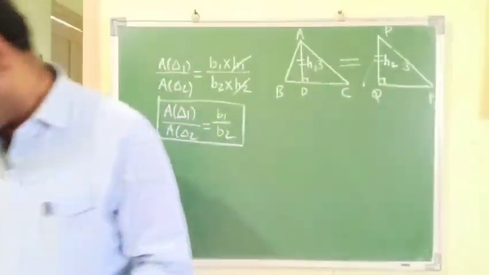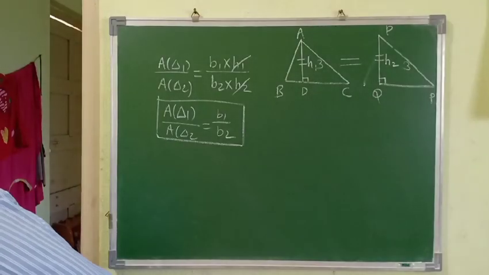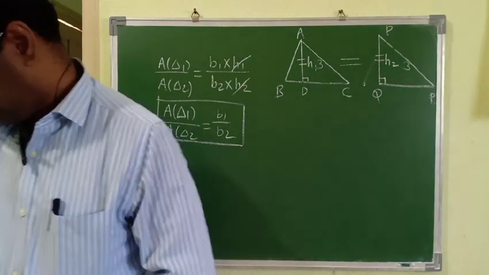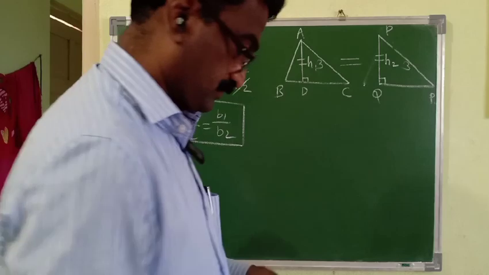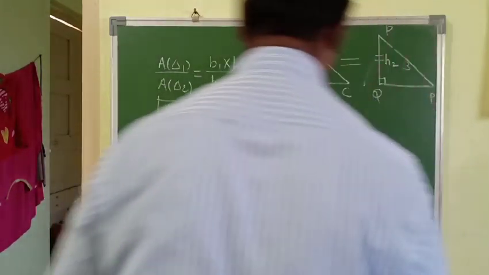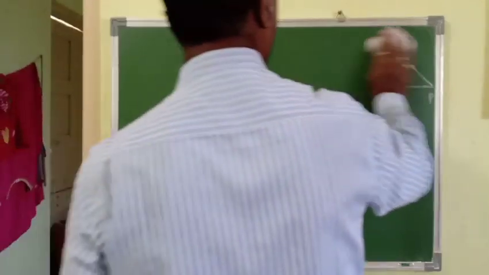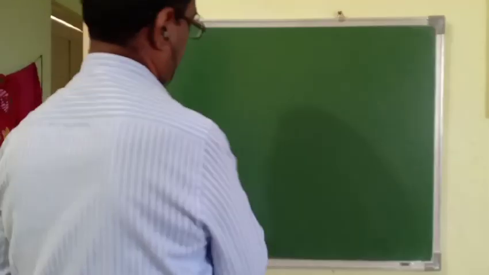So write down the second property. We have written the first property. Write down that second property. See the page number 2. Write down that property.